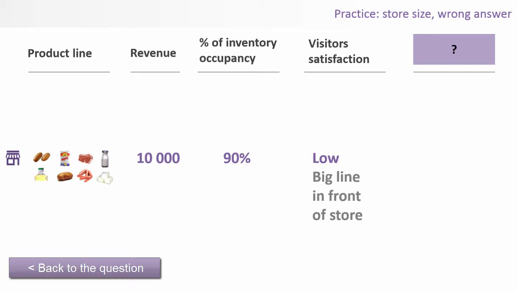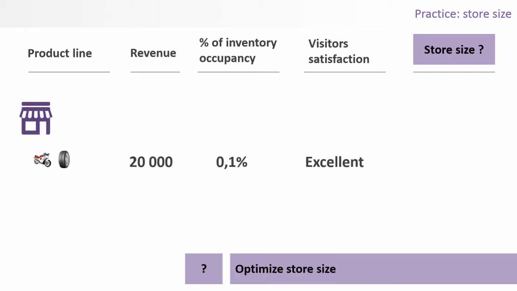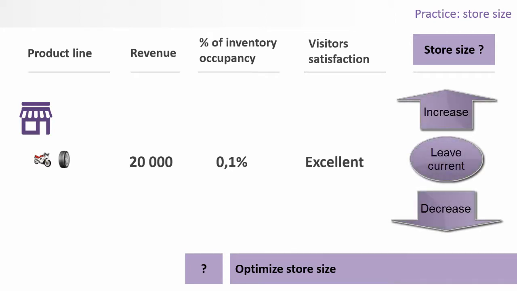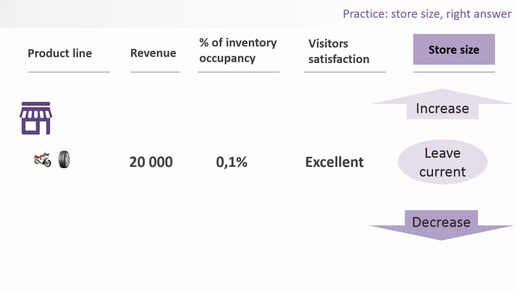Please try again. Finally, our third shop, the biggest one, which has only 2 products and great level of customer satisfaction. However, the revenue is little, as well as the percentage of inventory occupancy. Which action should you make? Correct. The shop size should be decreased, which will save money on renting expenses.